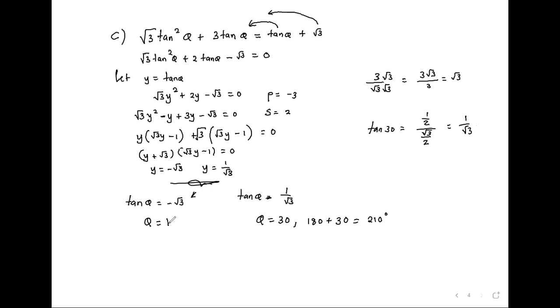So we go to the second quadrant where it is negative, and also to the fourth quadrant. So we find these 4 values.